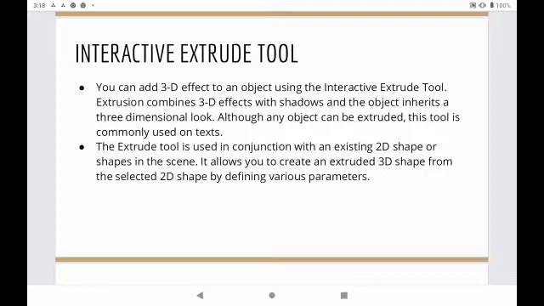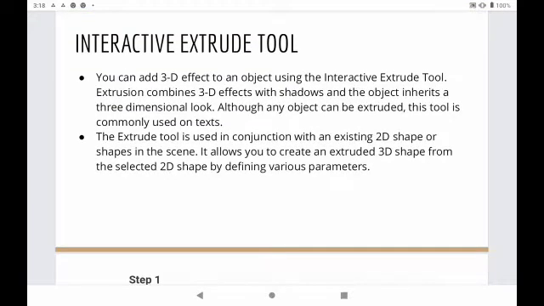The extrude tool is used in conjunction with an existing 2D shape or shapes in the scene. It allows you to create an extruded 3D shape from the selected 2D shape by defining various parameters.